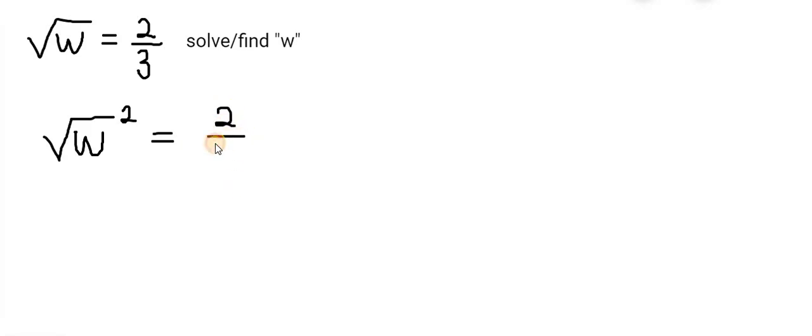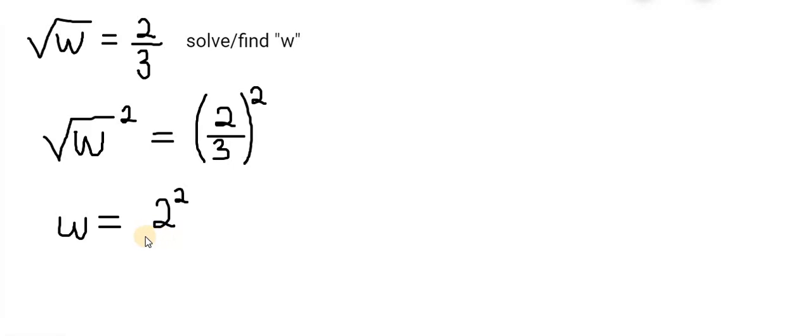So that's 2 over 3. I've got to use a bracket in this case, because the power of 2 doesn't just go on 2 or just on 3, it goes on both of them. Okay, so on the left, square root of w to the power of 2, that's just w. Now you can look at this in one of two ways. So 2 over 3 to the power of 2, you can write it as 2 to the power of 2 over 3 to the power of 2.